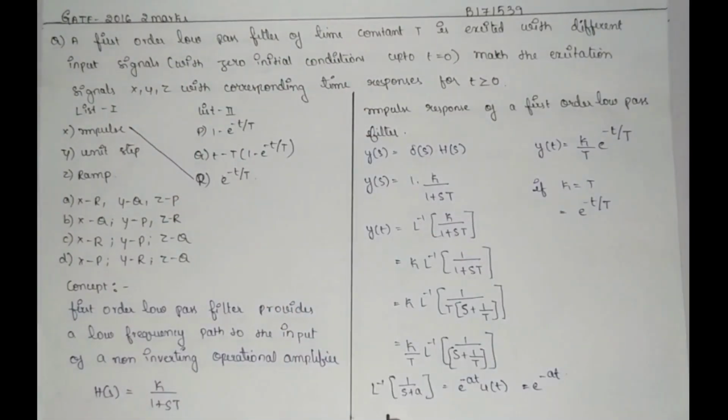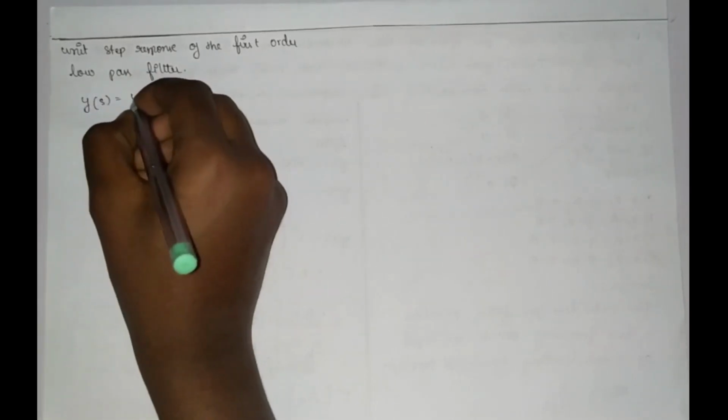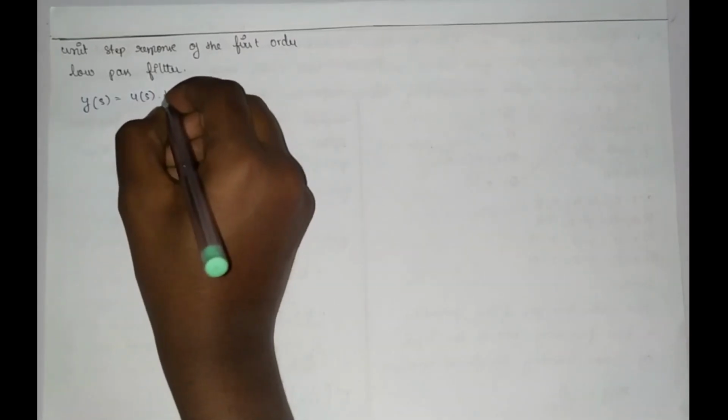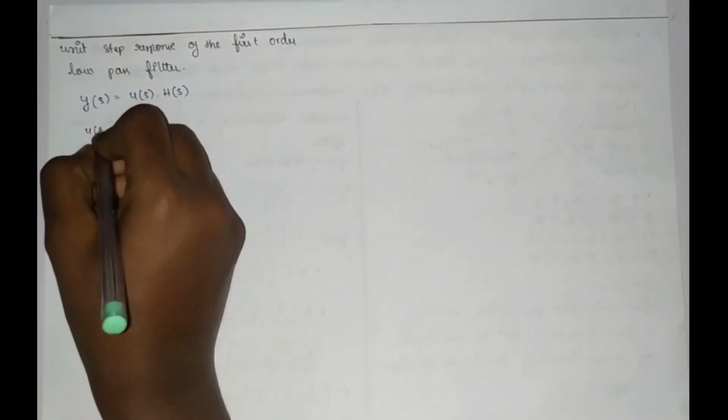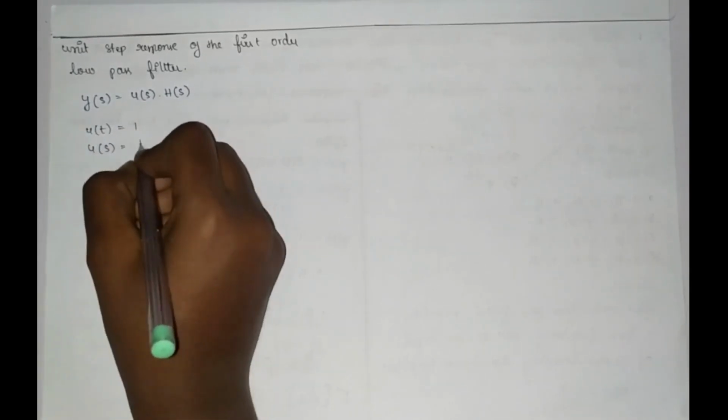Now let's find the unit step response of the first order low pass filter. We know that Y of s is equal to U of s into H of s, where u of t is equal to 1 and U of s is equal to 1 by s.